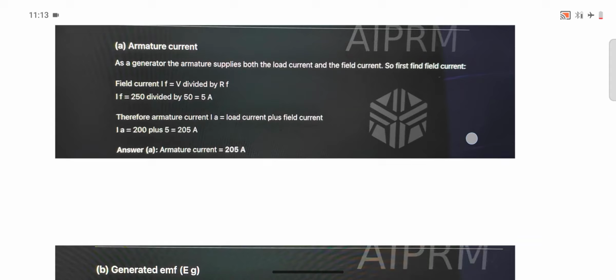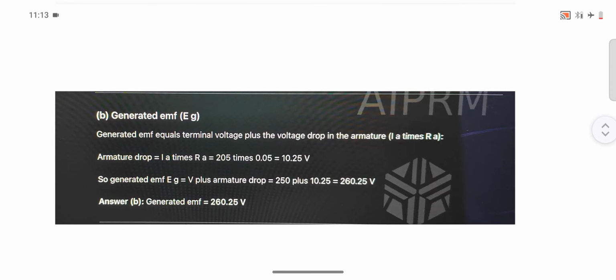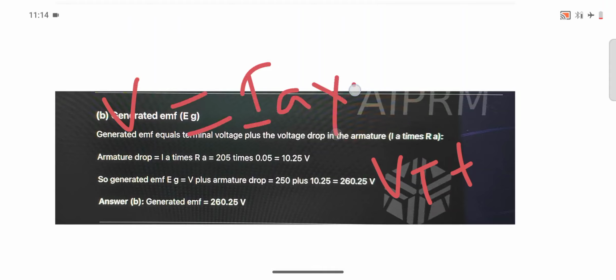Next, we have to calculate the generated EMF. Generated EMF is equal to terminal voltage plus voltage drop in the armature. And the voltage drop in the armature we can calculate as IA into RA.